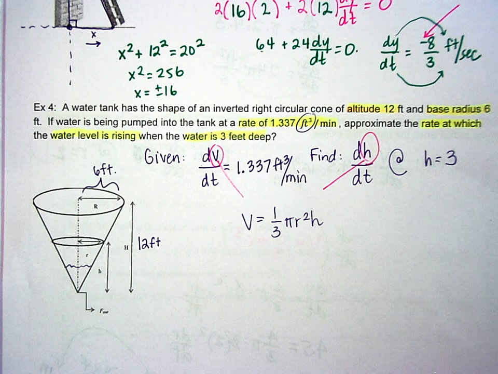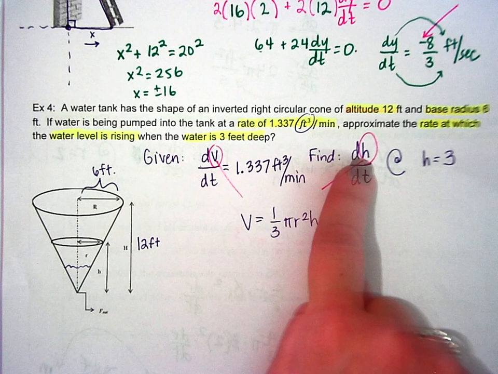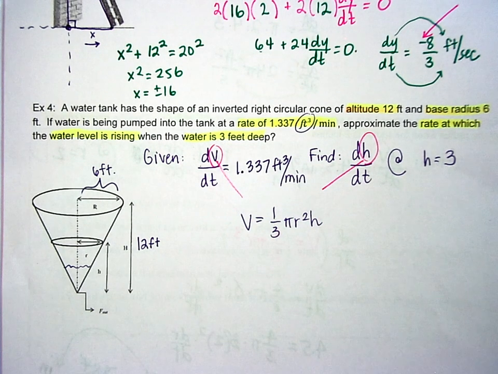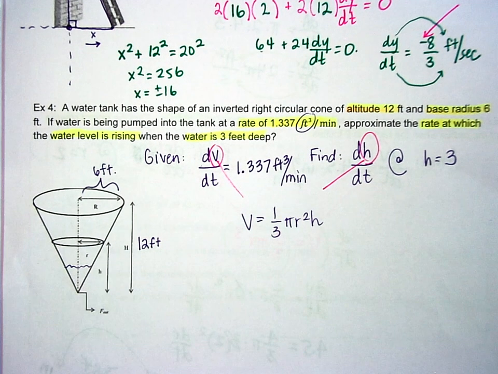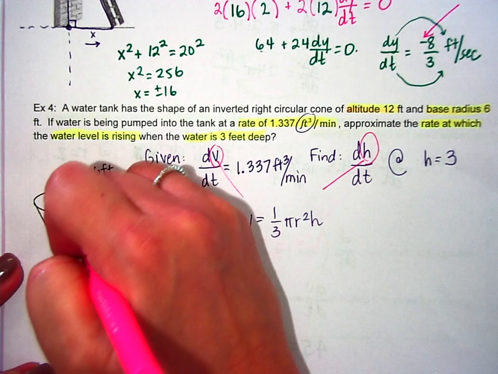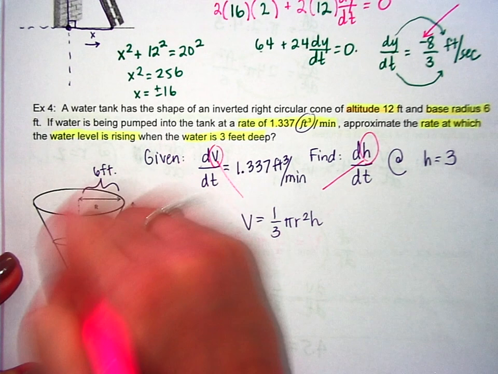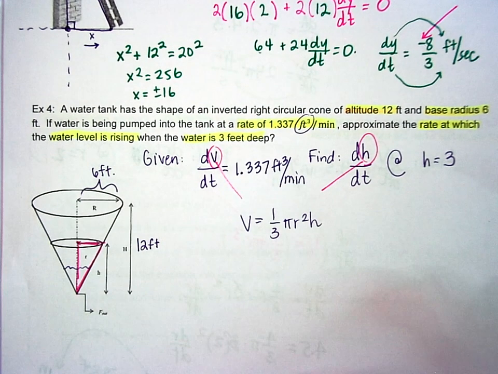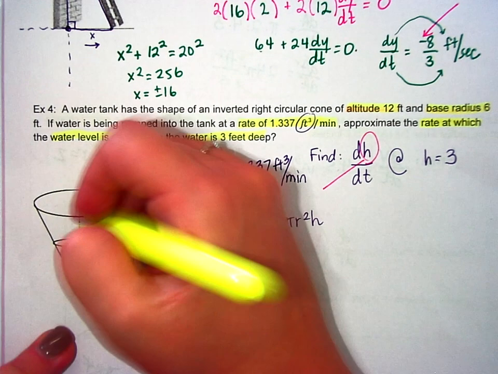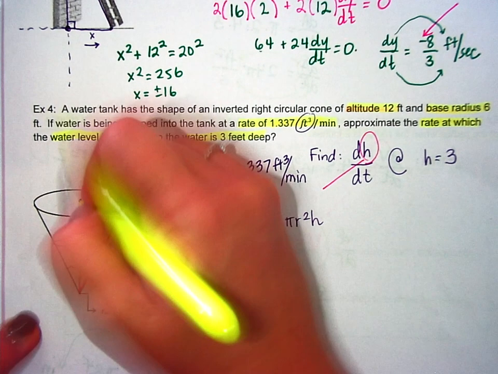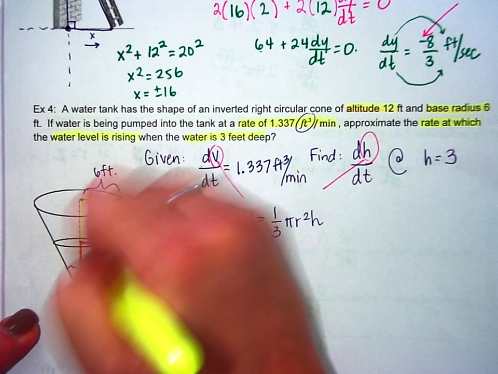Okay? So that means that we're going to use these similar triangles in here to write a relationship between r and h so I can substitute out the r variable. So you'll see here by these two triangles that I'm highlighting, whether it's the yellow one or the pink one, those are similar triangles, and that means that, right, their lengths are always in the same ratio, right?